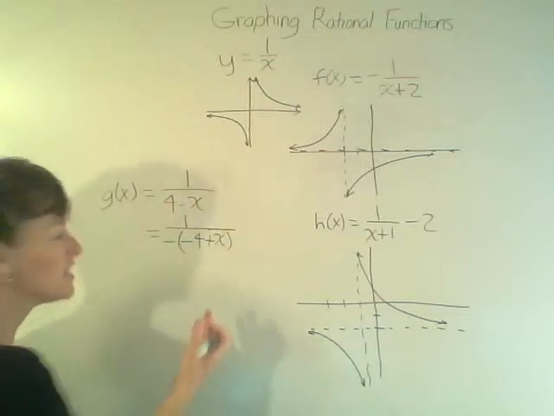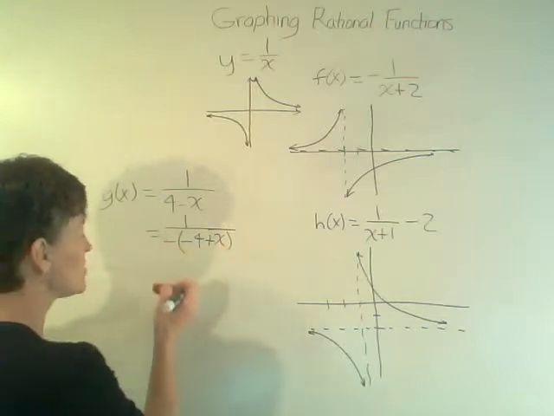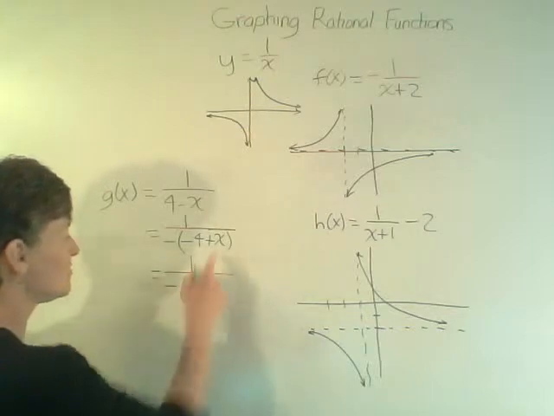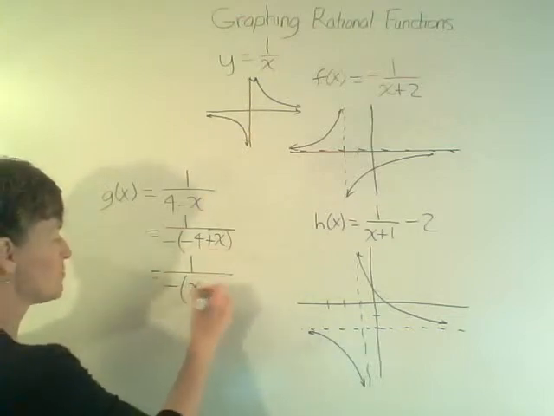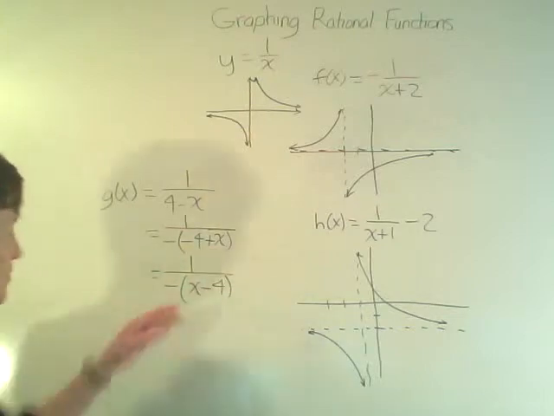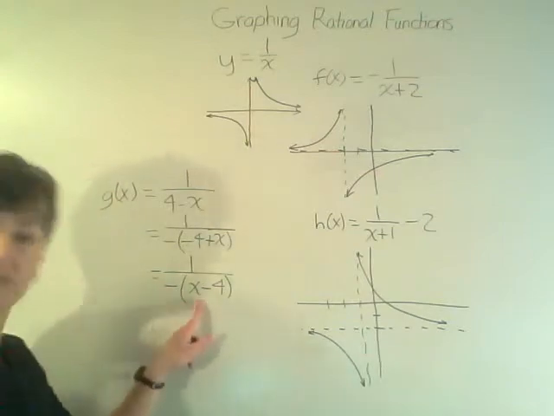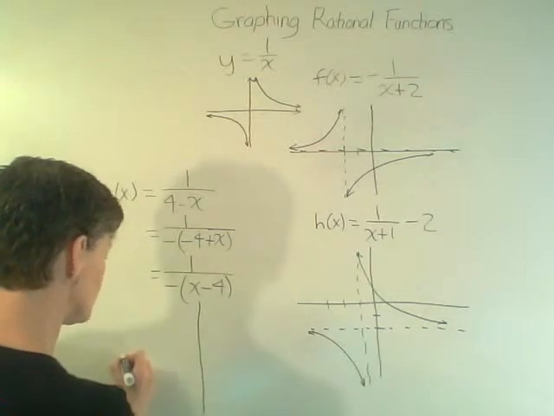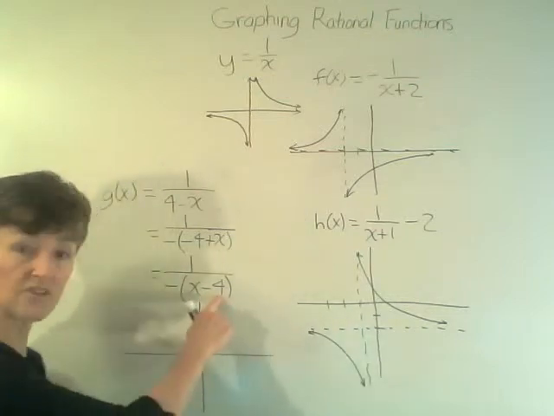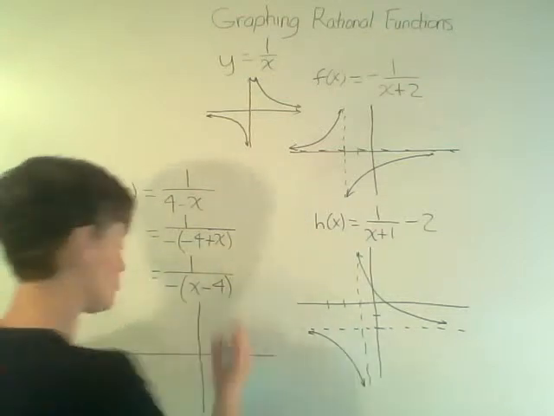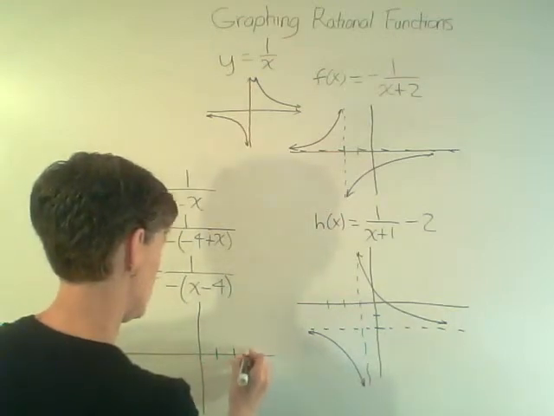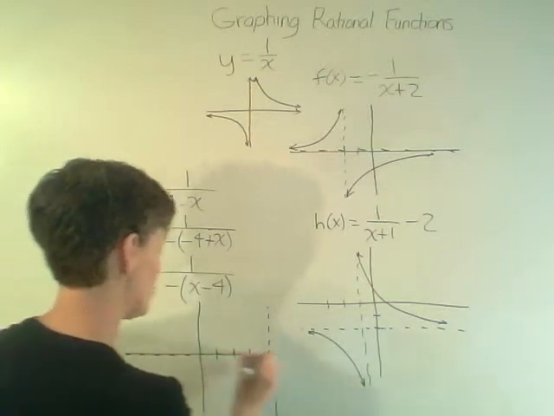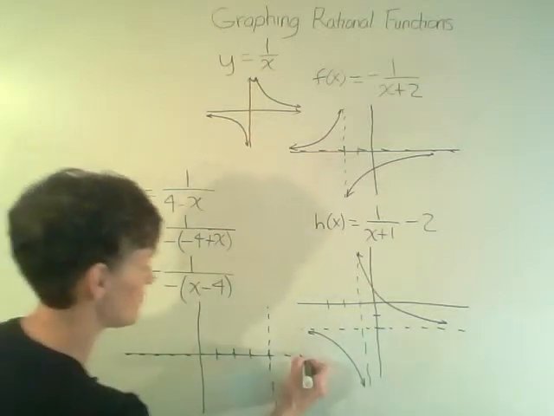I've just rewritten it to pull the negative out, and I'm going to rewrite it one more time so that it looks like this: negative, and then in here I'm going to put x minus 4. So what happens is my negative sign is now here with the x, and when I graph this, I see that horizontally I move 4 to the right. My horizontal asymptote stays the same.